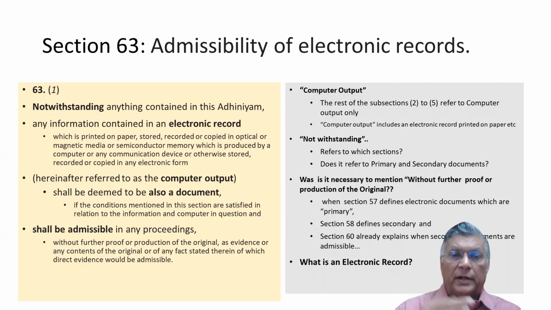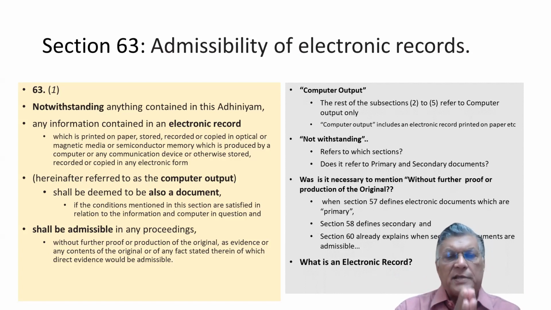Again, the word document comes here. Okay, it could have been said is also an electronic record admissible as evidence, but they somehow bring in the word document here. If the conditions mentioned in this section are satisfied in relation to the information and computer in question, and shall be admissible in any proceedings without further proof or production of the original as evidence or any contents of the original or any facts stated therein.